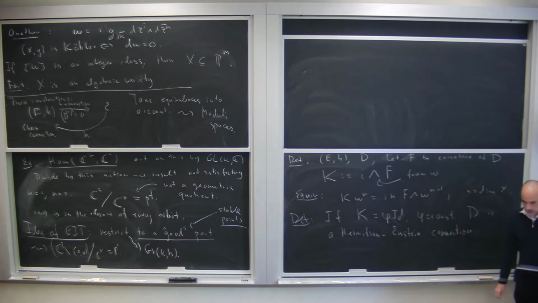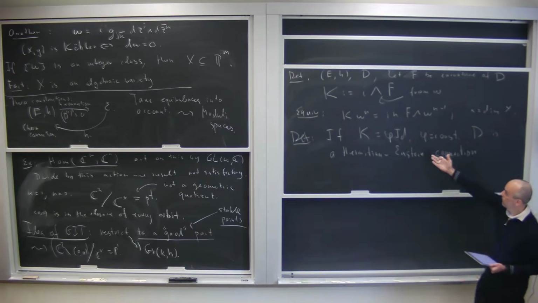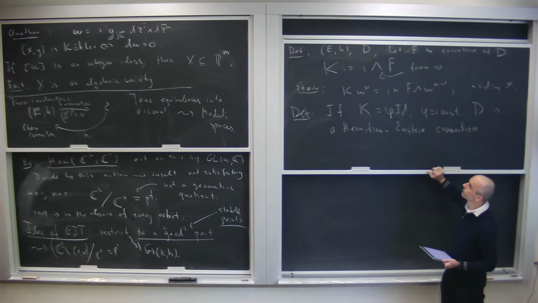The Hermitian part is then where we have the preservation of the Hermitian structure. The Einstein part is this here.